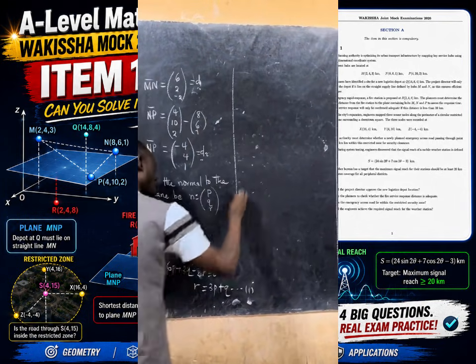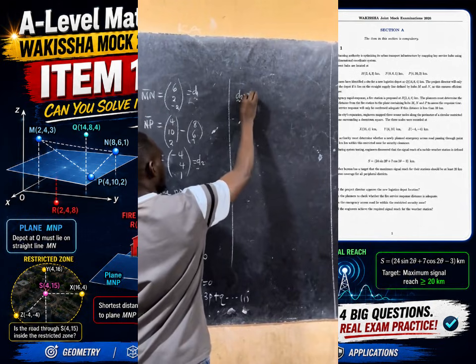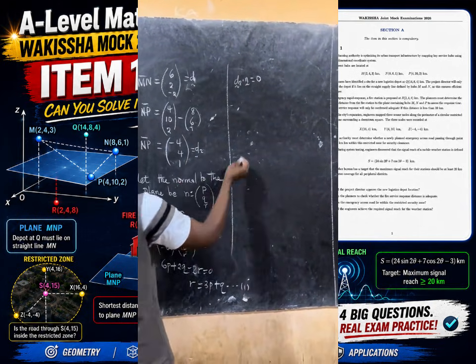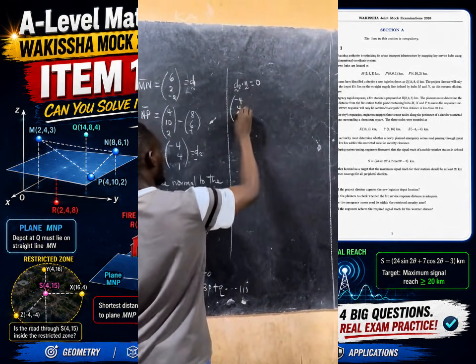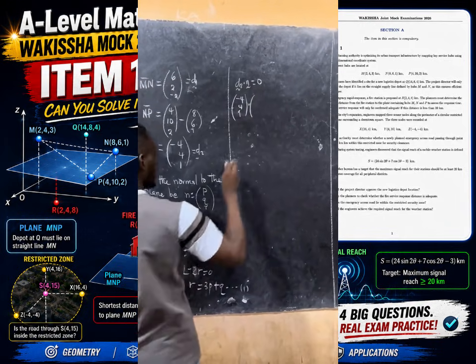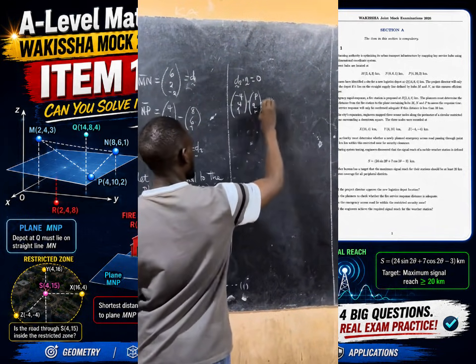Then I'm also saying that if I dot the normal with the second direction vector, I'll get 0. I introduce the negative 4, 4, 1 and dot it with the normal, which is PQR, as we defined it. This must equal 0.